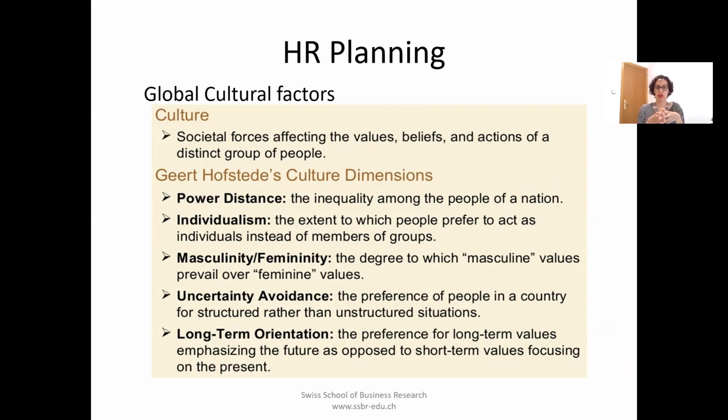Then uncertainty avoidance. There are people and there are countries which can thrive in more chaotic situations, and there are countries that would be completely upended if they were living in a chaotic situation. And here we can think about, for example, Northern Europe versus Southern Europe.